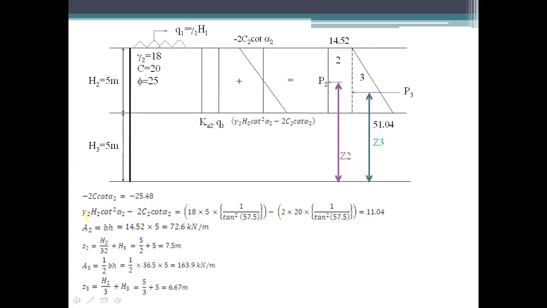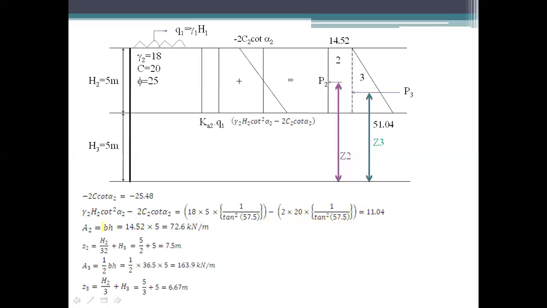Second is gamma 2 H2 cot square alpha 2 minus 2 C2 cot alpha 2. So 18 is your gamma 2 into H2 is 5, into cot square alpha 2, we have calculated 57.5, minus 2 into 20 is your C. So that will be cot square 57.5, which is coming to you as 11.04.